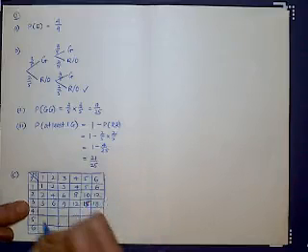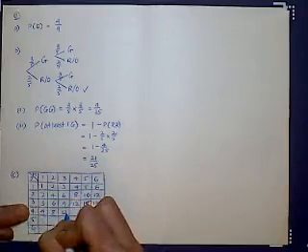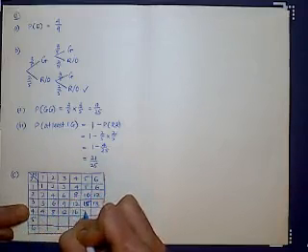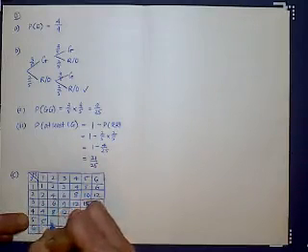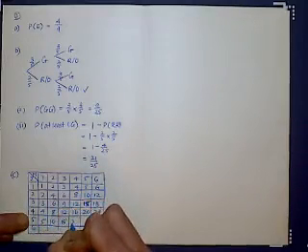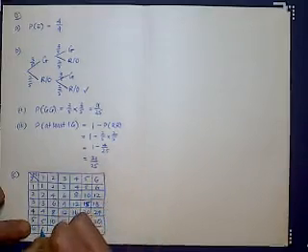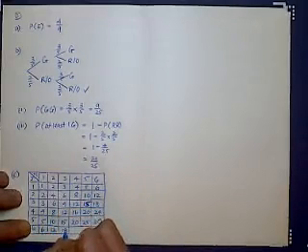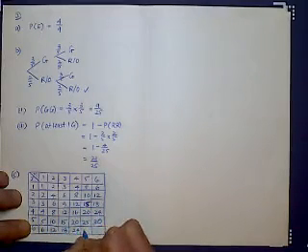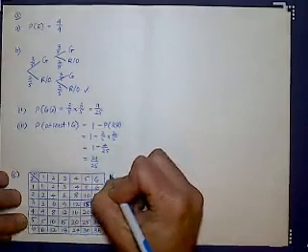Gosh, even your teacher gets it wrong. This will be 4, 8, 12, 16, 20, 24, 5, 10, 15, 20, 25, 30, 6, 12, 18, 24, 30, and 36. Now answering the questions.